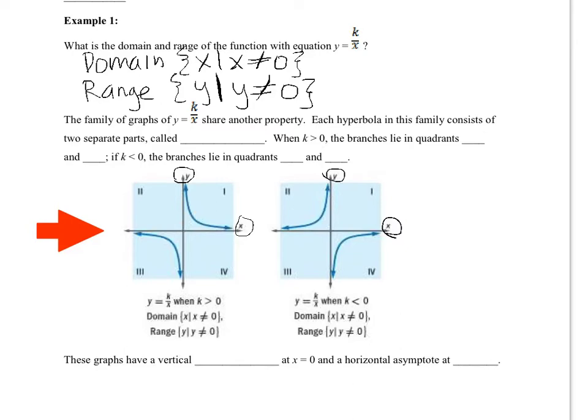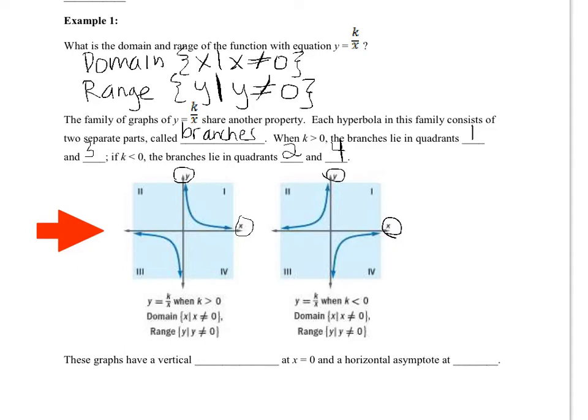The family of graphs of y equals k over x shares another property. Each hyperbola in this family consists of two separate parts called branches. When k is greater than 0, the branches lie in quadrants 1 and 3. If k is less than 0, the branches lie in quadrants 2 and 4. So let's look at that.